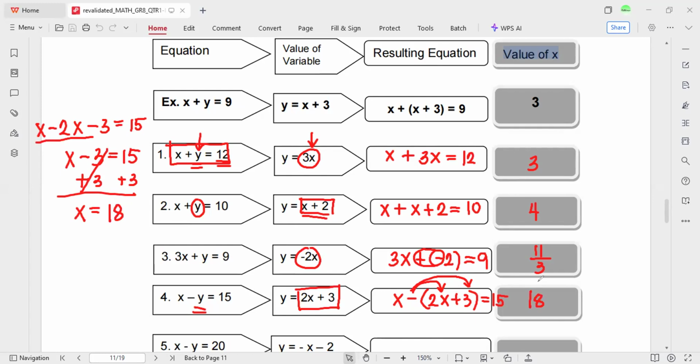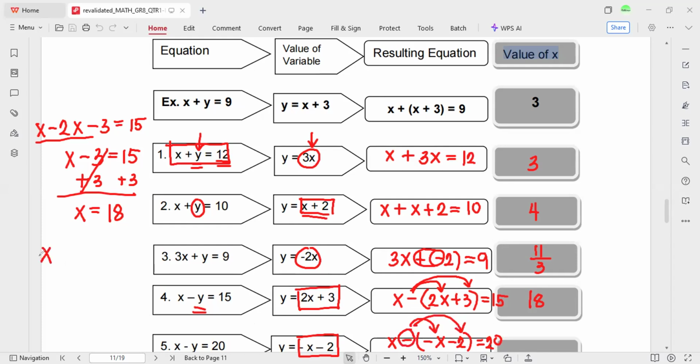Next, number 5, we get x minus y equals 20, and our y is equal to negative x minus 2. So change your y into negative x minus 2. So we get x minus negative x minus 2 equals 20. After that, simplify. Again, this is negative, so you have to distribute.